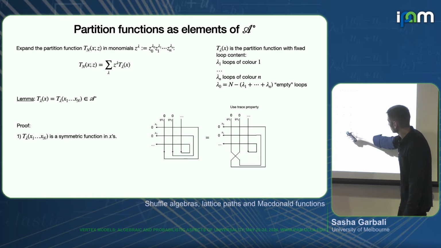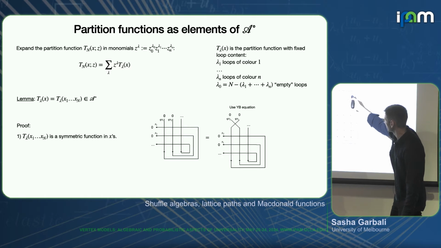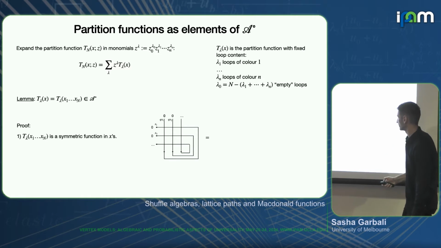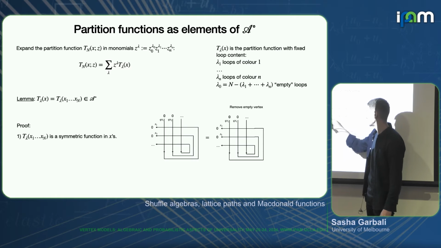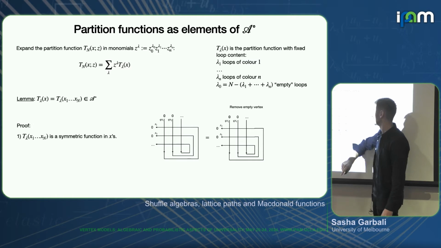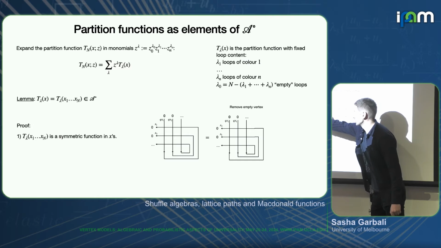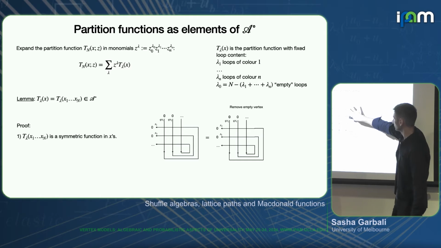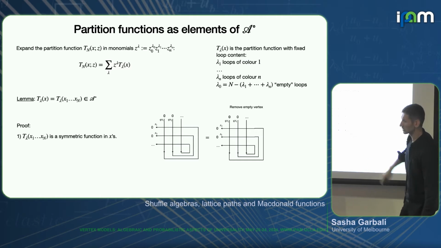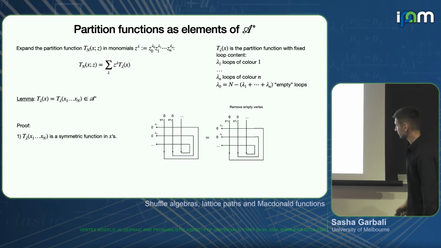And then again, we use the Yang-Baxter equation, and then we can remove this cross. So at the end of the day, we get a symmetric function. So a partition function of this type is equal to this partition function where the parameters x are swapped.